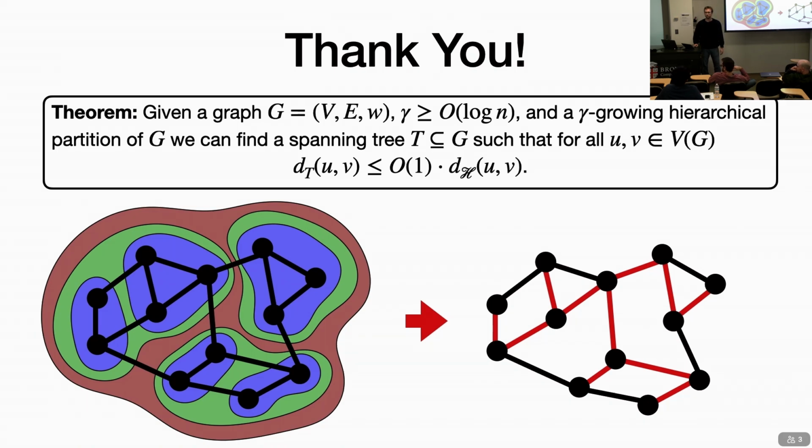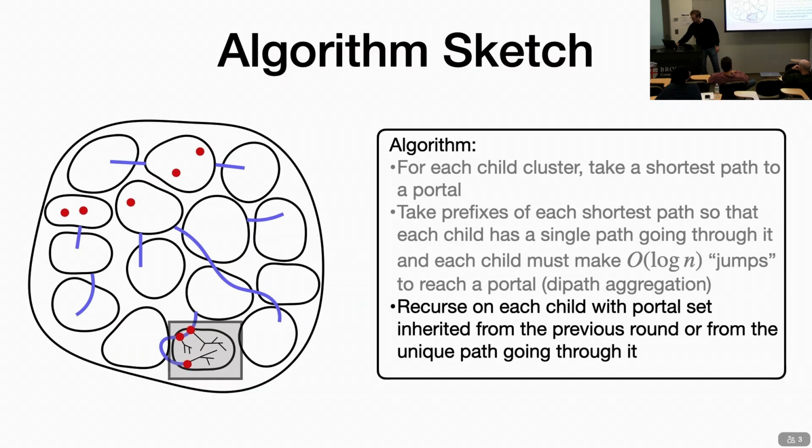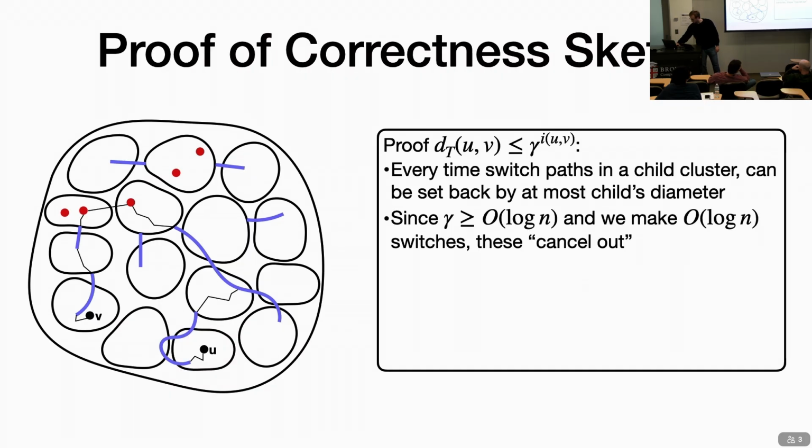Any questions? Where would be the part that you use gamma has to be larger than log n? Right here. So we might have to switch paths log n times, and there's a price associated with that, both because you have to travel some distance, but then also because you might travel the wrong distance, you might travel backwards.